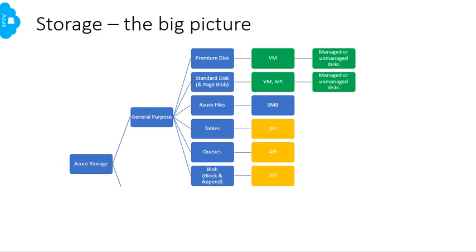If we are speaking about VMs, straight away the best is to get premium, assuming you can afford it, for managed or unmanaged. Otherwise, you can go for standard disk with a blob, and this applies to API as well as VMs. Anything to do with SMB, then you need file storage. And then tables, queues, and blob will be utilized for API interaction with your application.